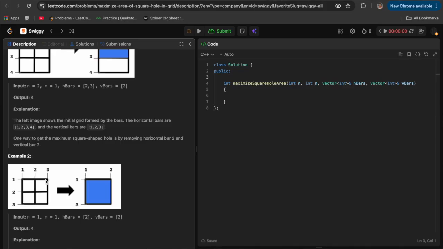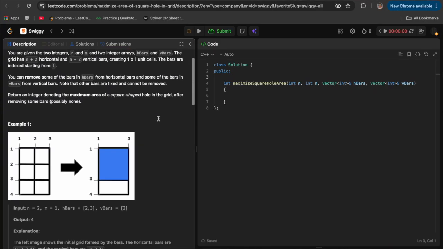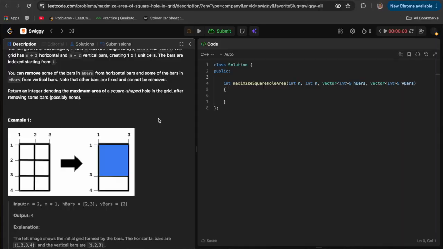What I'm thinking is, I can use a two-pointer approach. For horizontal, to get a maximum width, I have to remove vertical bars. If I take a left and right pointer, whichever bars I am removing, if I remove that bar, then I can take the next bar as my covered width.